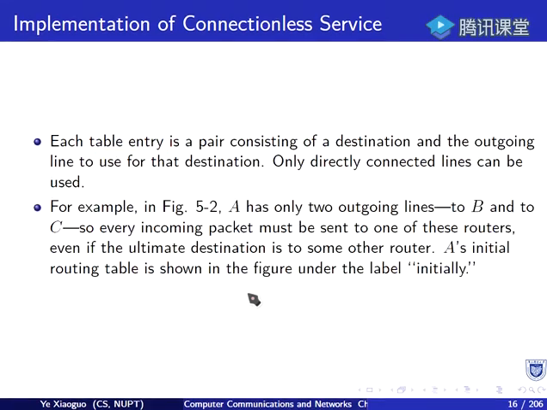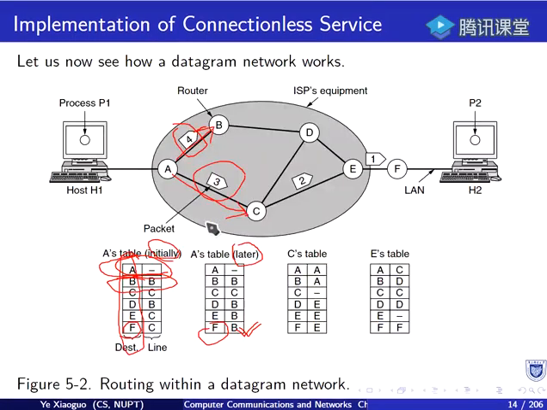For example, in figure 2, A is self, and then B, C and so on, with the next hop for each destination.